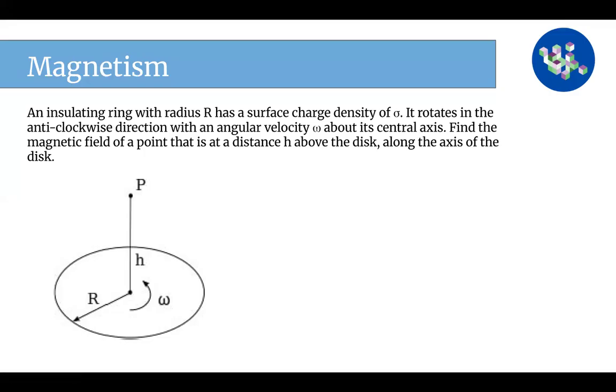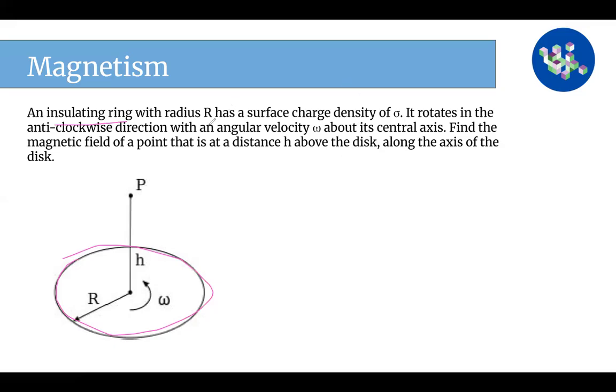Remember previously we dealt with a problem where we have a current loop and we're given the amount of current on the loop. This time it's a bit different. It's an insulator, so not a conducting wire, but it's spinning.